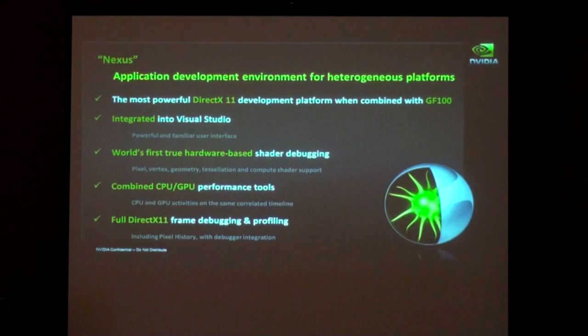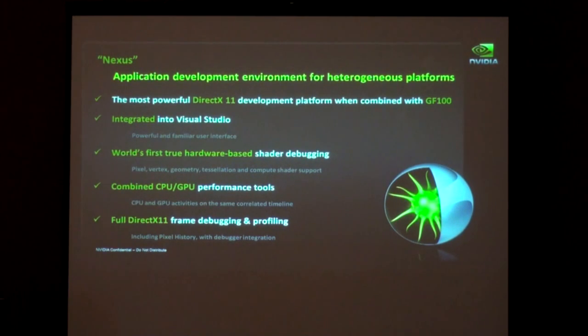And we want to make this environment as homogeneous as possible, such that it feels like there's only one problem that developers are programming for, and they don't have to go through hoops to assemble everything together. The point we're looking to make today is that Nexus combined with GF100 allows us to build a revolutionary development environment for DirectX 11.